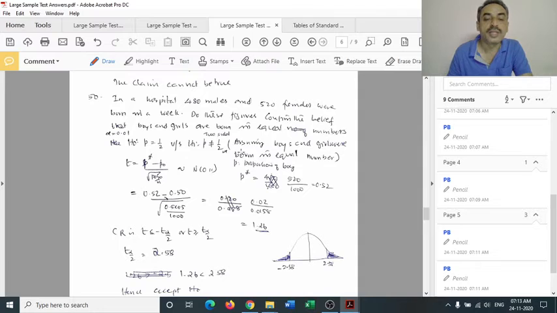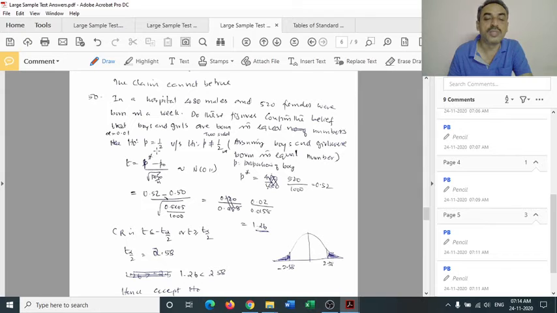Now, next is again a case of testing that a proportion has a specified value. 480 males and 520 females were born in a week. Does this figure confirm the belief that boys and girls are born in equal numbers? If equal, p equals 1 by 2, the proportion of boys and girls born in a week.